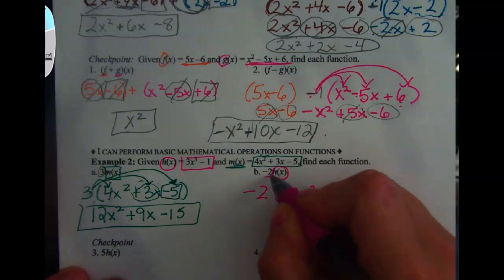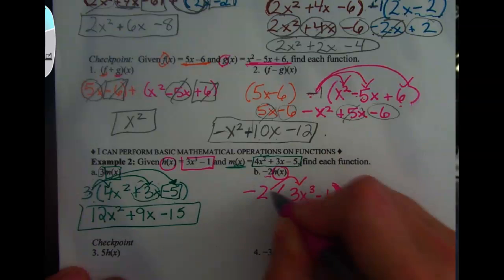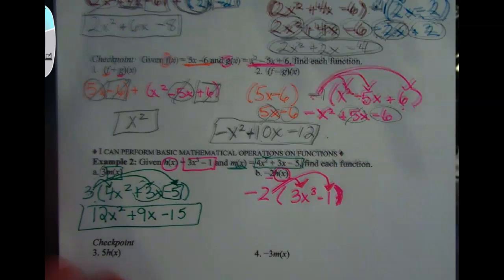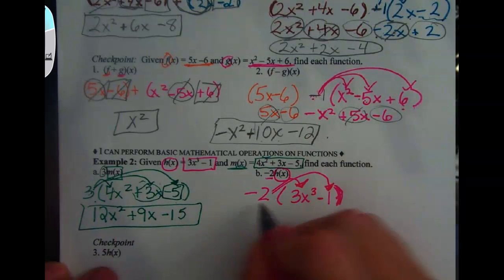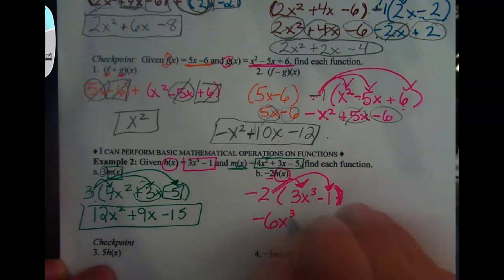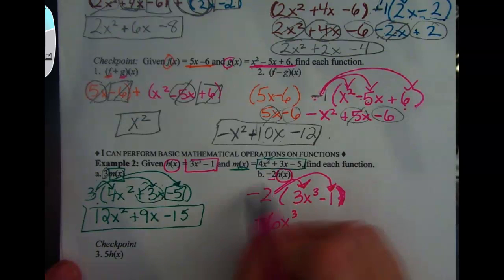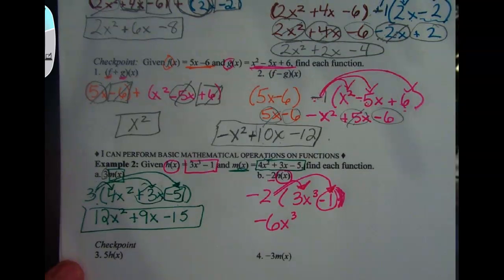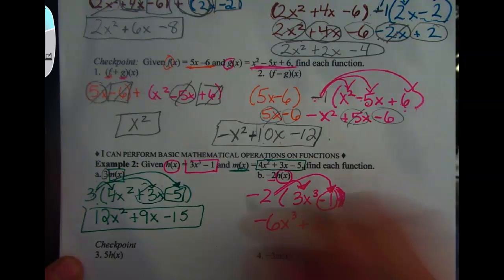That negative 2, it just wanted us to multiply it by the entire function. There's two things inside of here, this term and this term. So negative 2 times 3x to the third, the negative 2 and the 3 give me a negative 6, and the x to the third stays the same. And then the second part, very important, is a negative 2 times a negative 1. So you have to be careful, it becomes a positive 2, or plus 2.